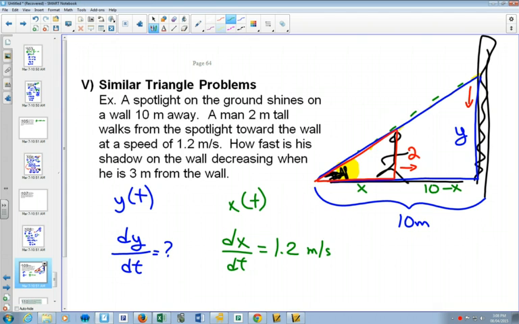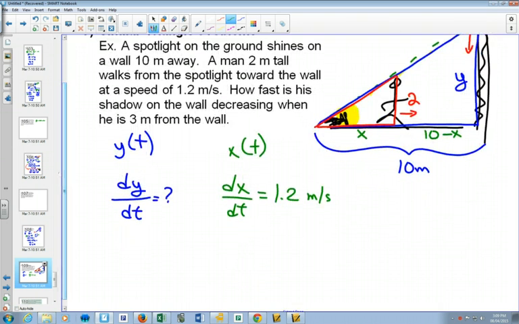For this one, the key to it is to recognize that the red triangle and the blue triangle are similar triangles. So the ratios of their sides are going to be the same. So what that means is in our red triangle, 2 over x has to equal, in our blue triangle, y over 10.